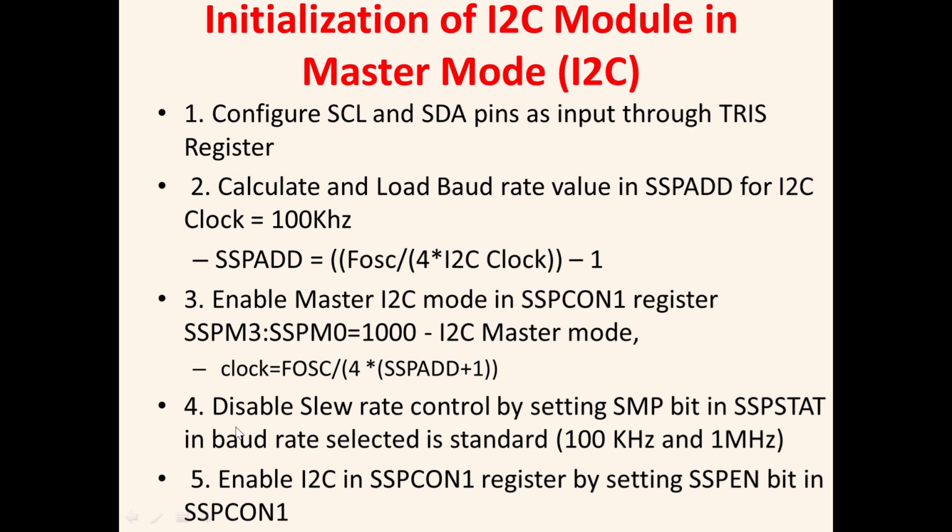After that, you simply disable the slew rate control by setting the SMP bit in the SSPSTAT register. For baud rate selection, you will be utilizing the standard 100 kilohertz as clock control. And last, you will enable the SSPCON1 register by setting the SSPEN bit, so that your I2C mode will be enabled. This way, you will be able to initialize the I2C mode in master.